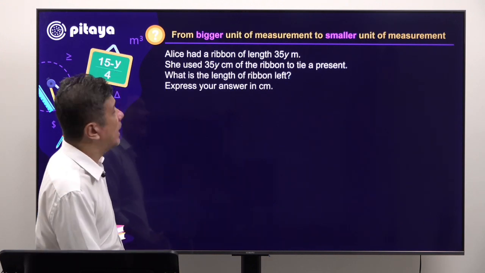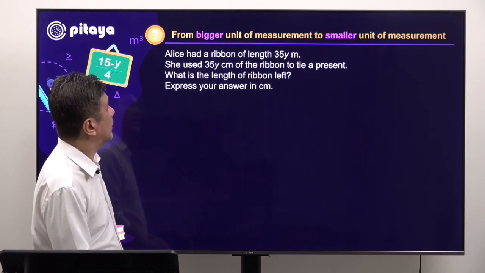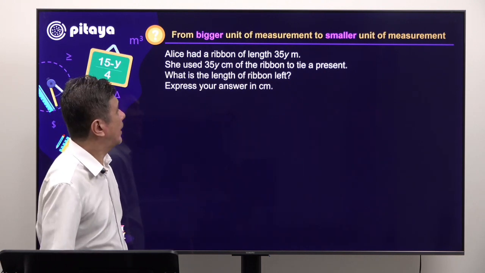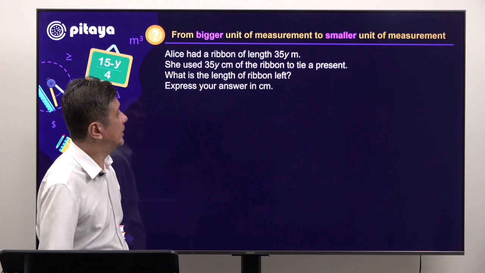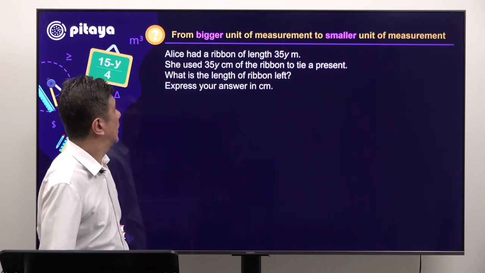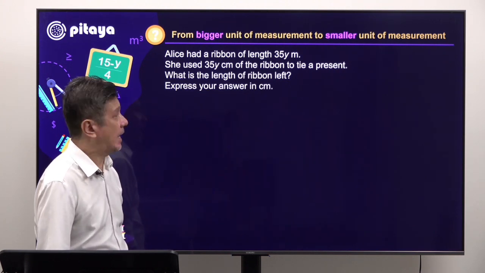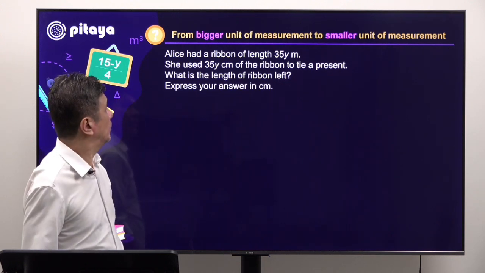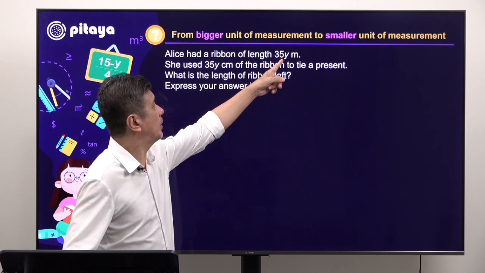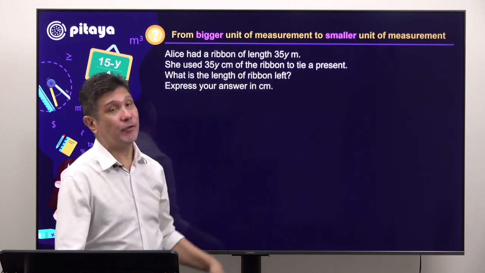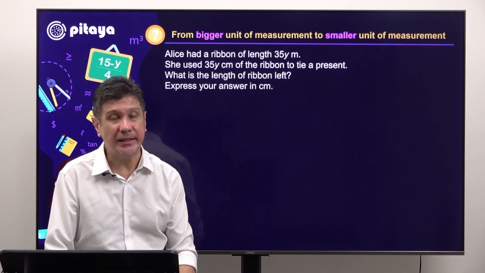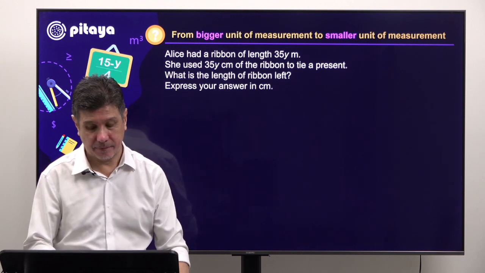Next, Alice had a ribbon of length 35y meters. She used 35y centimeters of the ribbon to tie a present. What is the length of ribbon left? Express your answer in centimeters. So this is the one that we have to worry about. This one is settled. So 35y meters is the same as 35 meters times y.